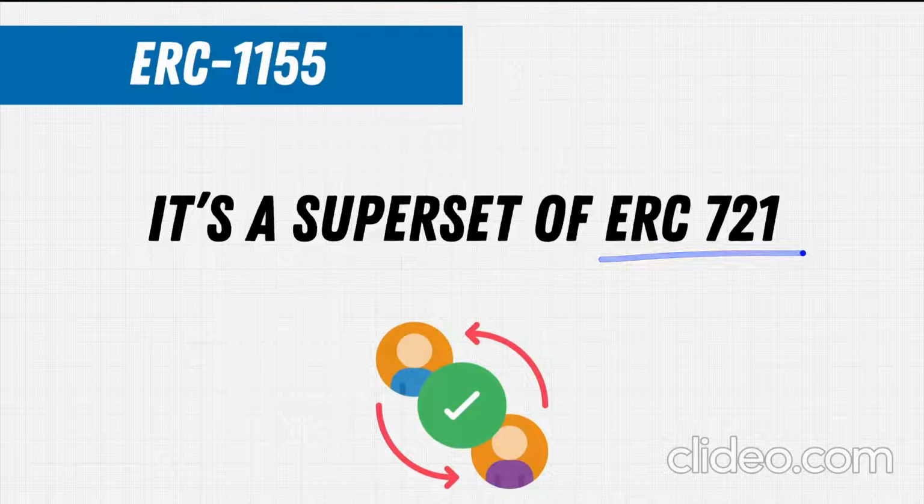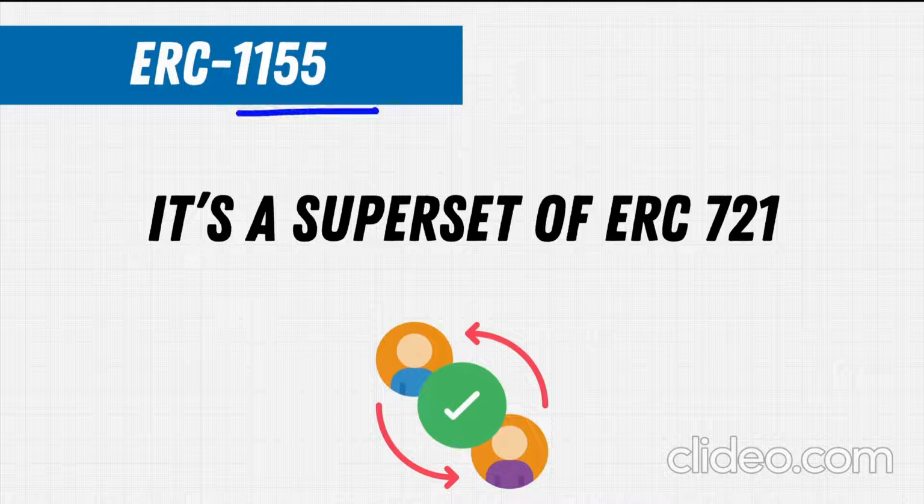On ERC-721, you interact with the contract and it tracked ownership of each individual piece. What this meant was that if you had NFTs on an ERC-721 contract, let's say you owned 5 assets. If you wanted to transfer those assets, you would have to transfer those assets one by one, right? And so doing that one by one, you're paying fees on each individual transaction.